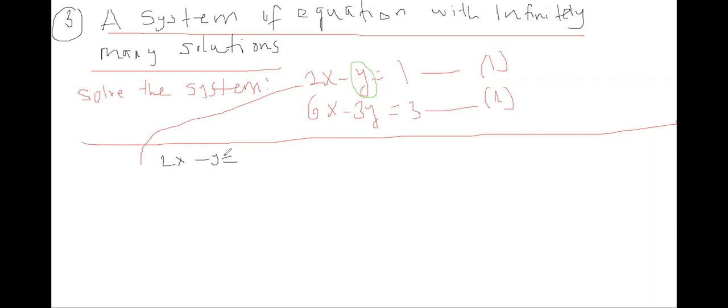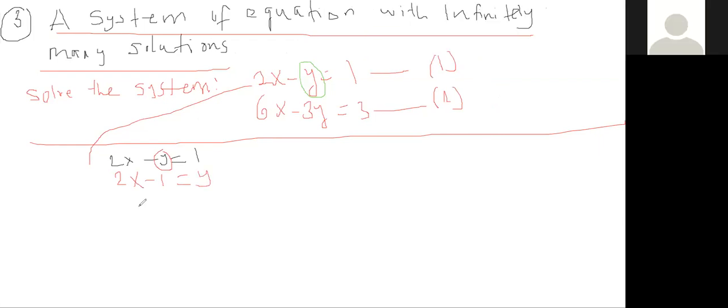The goal is to make y the subject. We can transpose: this will be 2x, 1 will come here and the sign will change to minus 1 equals y, which can equivalently be written as y equals 2x minus 1. We call this our equation 3.